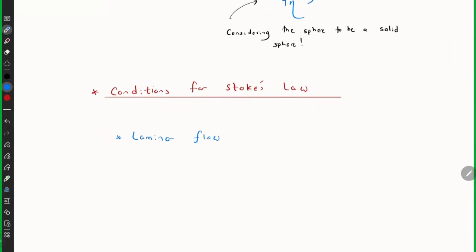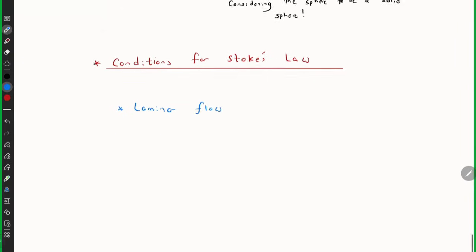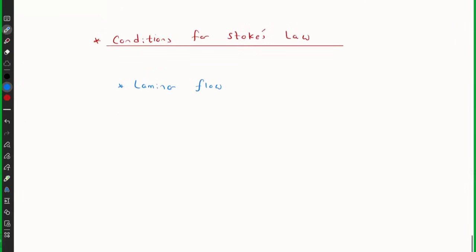And also, what can we say? The fluid should be a Newtonian fluid with constant viscosity, right? It mustn't change, it doesn't change with velocity or time, right?